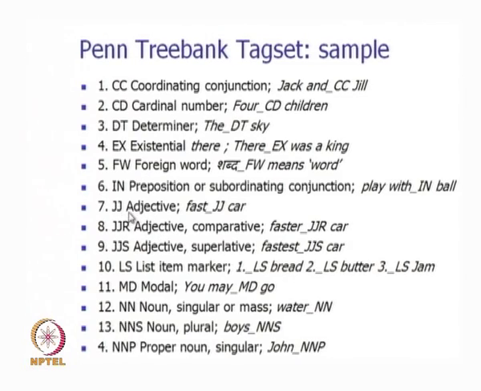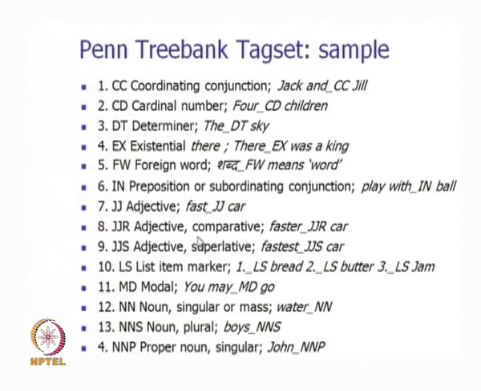Adjectives could be abbreviated as AD or ADJ, but why JJ? So, the example of that is fast_JJ car, fast car, it is an adjective. One conjecture is that adjective is often pronounced as 'adjective', and it has two J sounds adjacent to each other, and most likely that gave rise to this two letter tag JJ.